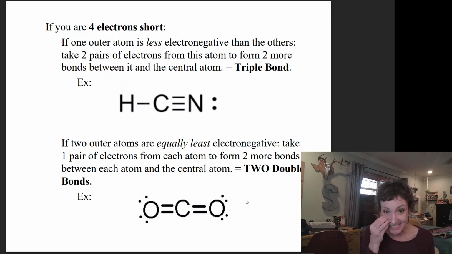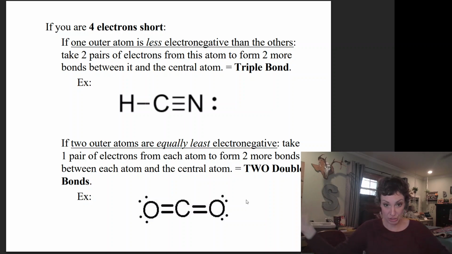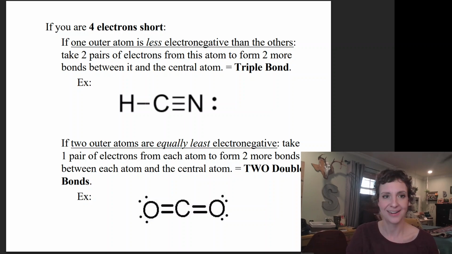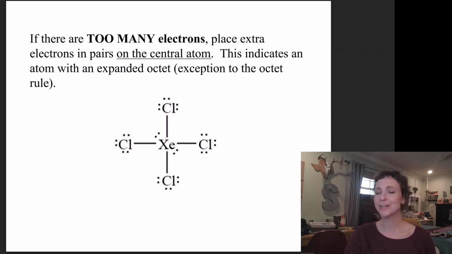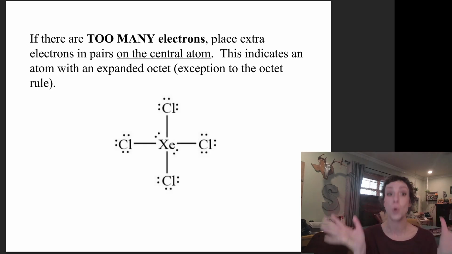In both of these cases, though, that central atom is going to be able to get 2 more bonds, either a triple bond from one guy or 2 double bonds for both of his atoms. You get it. Okay. We will not be dealing with this because I'm not going to require you guys to really understand or assemble structures for the exceptions to the octet rule who have more than 8.